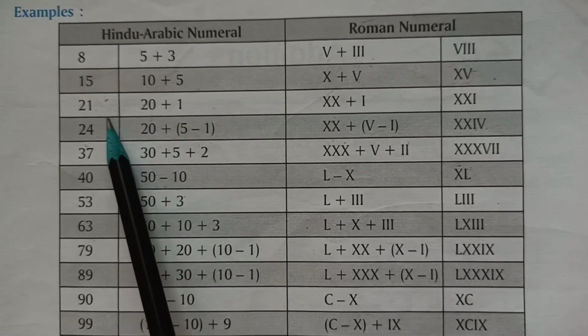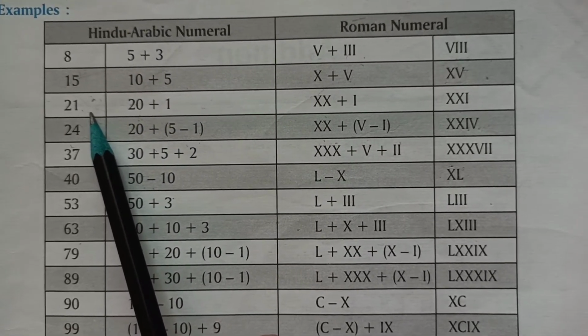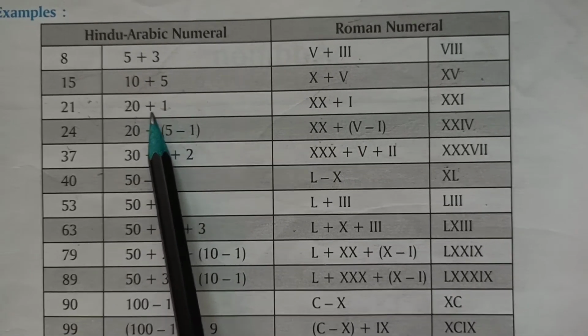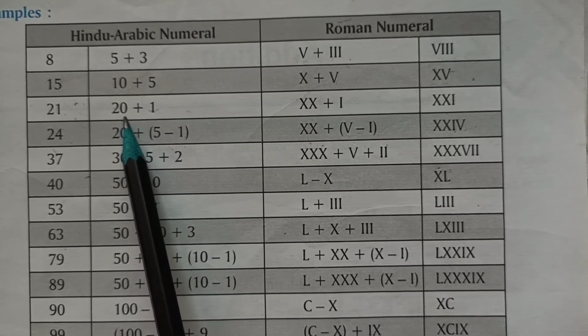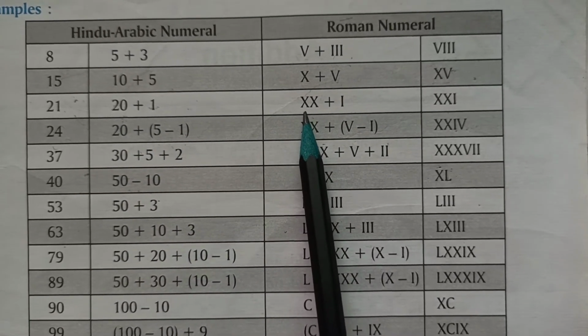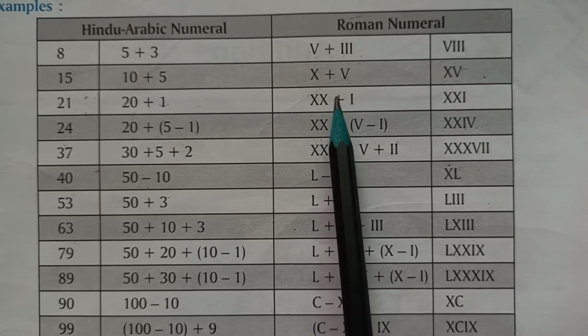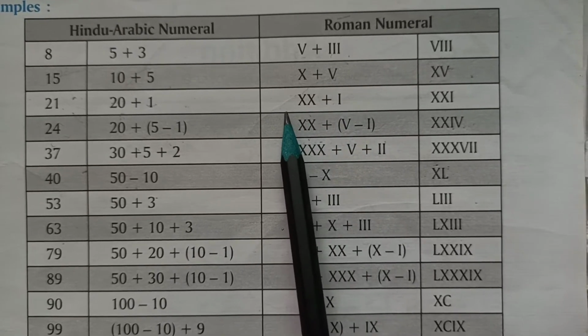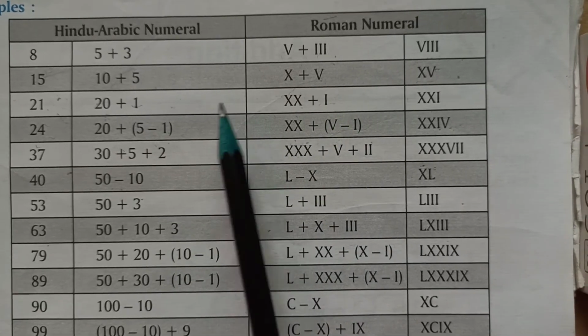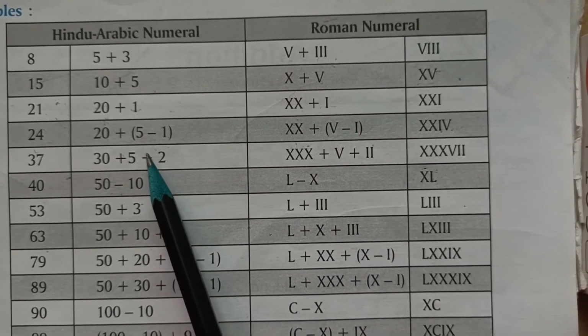Okay. Similarly, you can see here the third number, 21. So 20 plus 1. We do not have any alphabet for 20, but 10 plus 10 becomes 20. So 10 is denoted by X, and so X is written 2 times, plus I means 1. 10 plus 10 is 20 and 20 plus 1 becomes 21. Similarly, you can see 24.